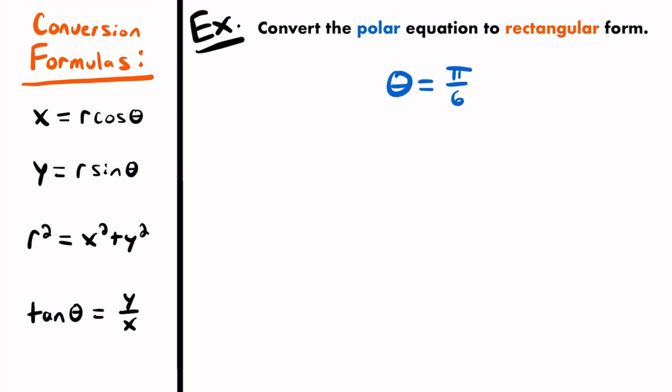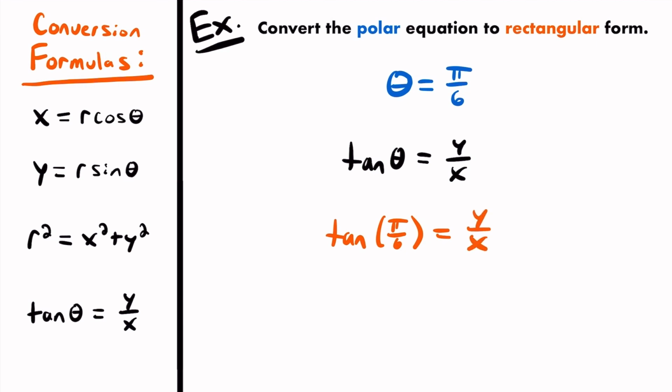So if we use this equation, we'll have tangent theta is equal to y divided by x. We can replace this theta with pi divided by 6. So we'll have tangent of pi divided by 6 is equal to y divided by x. Now, tangent of pi divided by 6 is equal to the square root of 3 divided by 3.